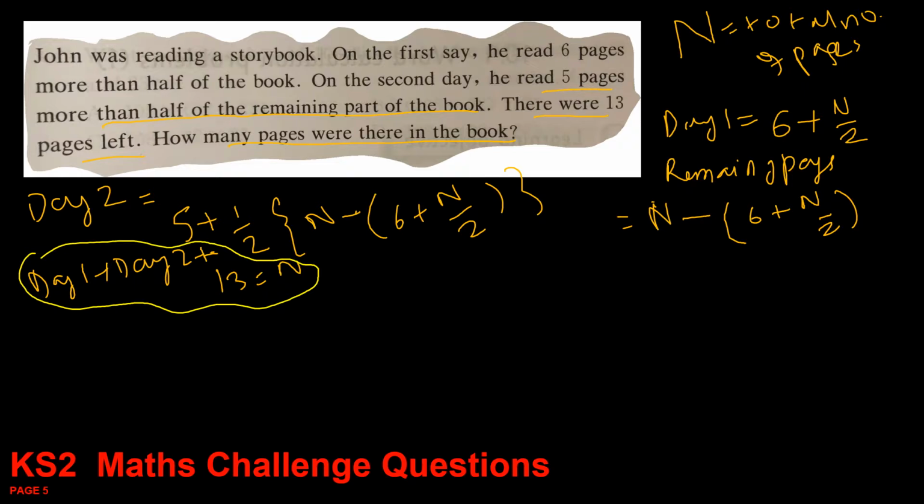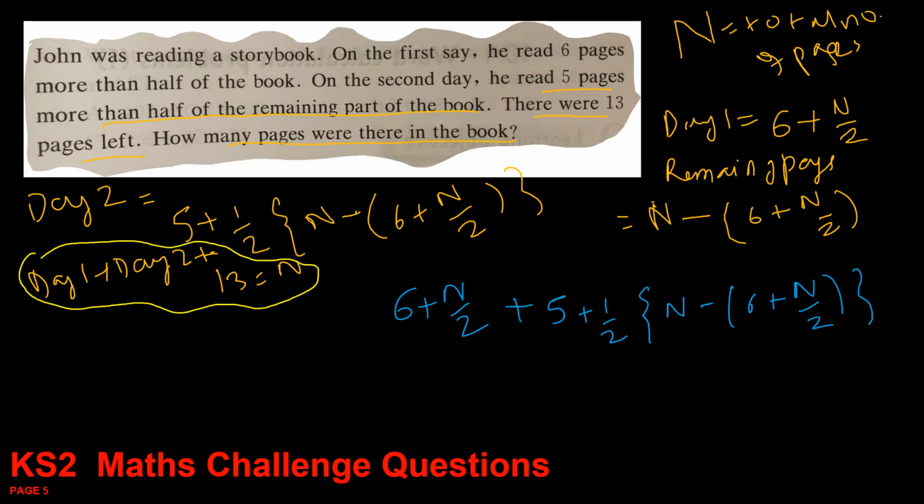So the final equation that we're going to write is day 1 plus day 2 plus 13 equals n. Day 1 is 6 plus n by 2. Day 2 is 5 plus half of n minus 6 plus n by 2.